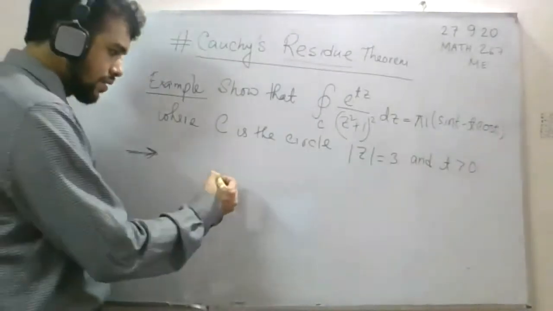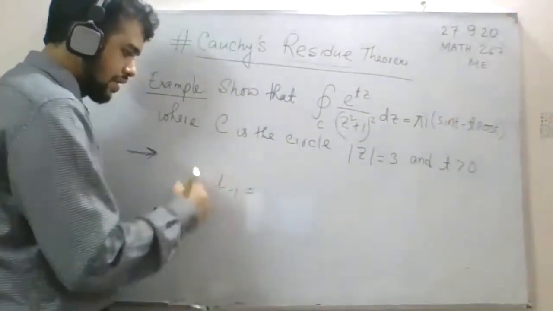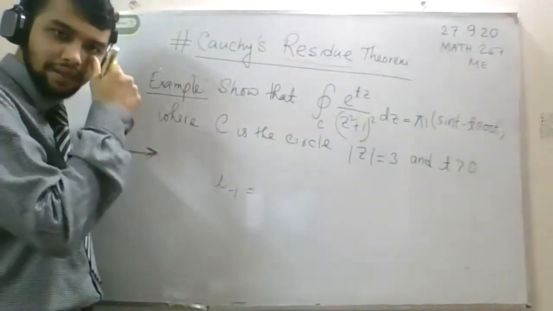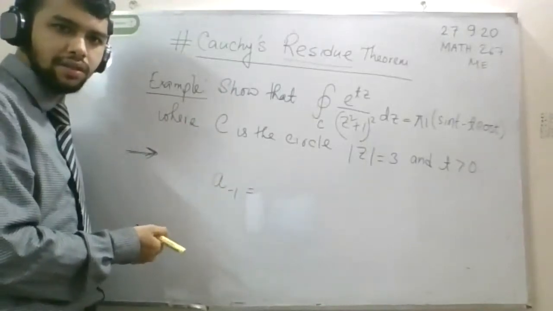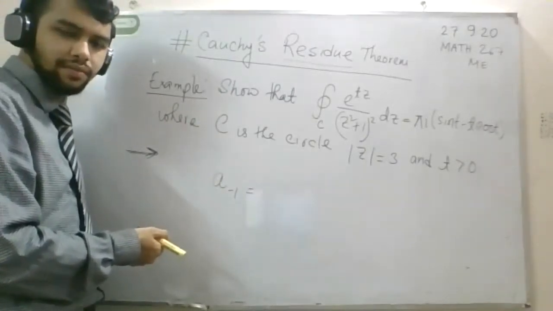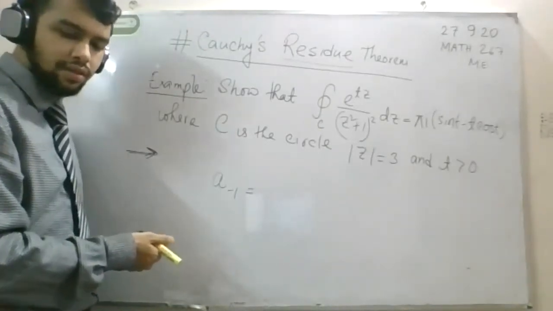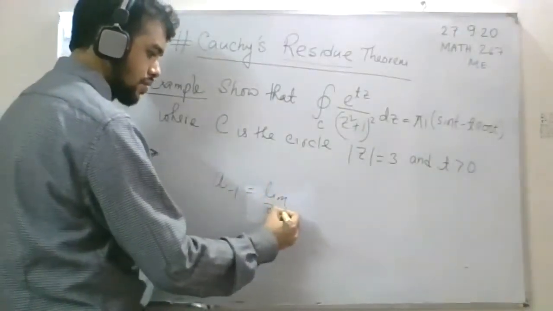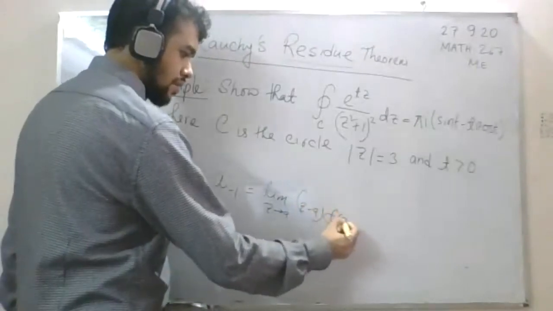Okay, the formula is, what about the residue formula? Please tell me the residues formula. If it is a simple pole, then it is limit as z tends to a of (z minus a) into f of z.